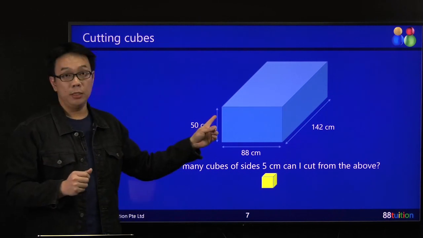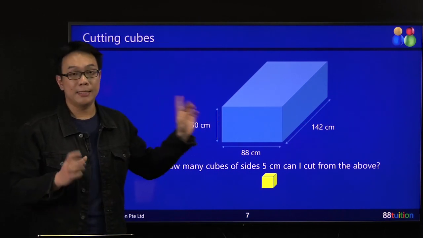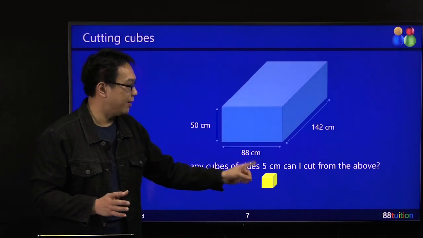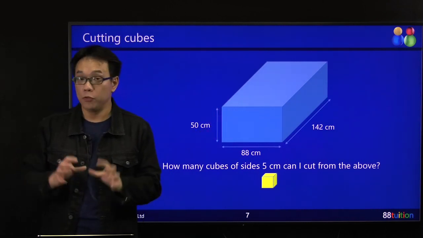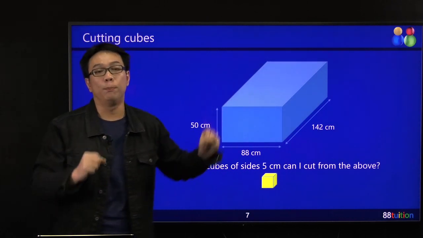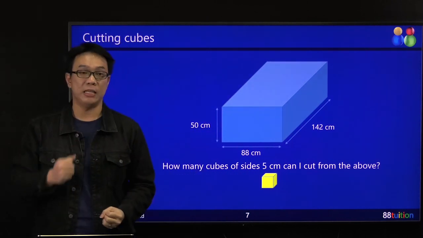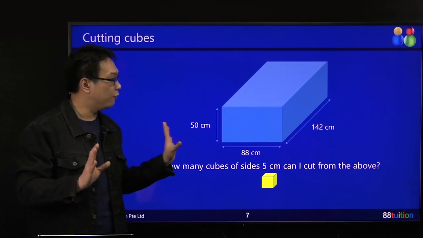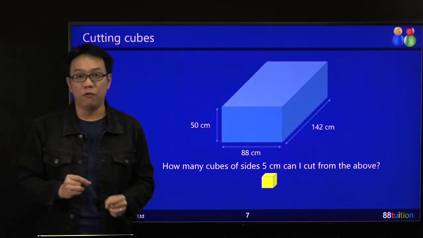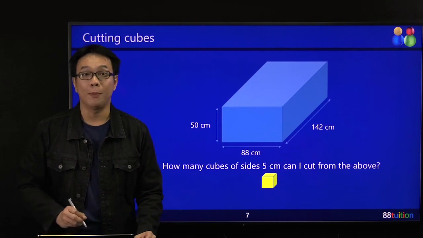But did they say they want to melt it? No. They just say, how many cubes of side 5 cm can I cut from the above? Not to melt this and pour into a mold of 5 cm by 5 cm by 5 cm. So don't find the volume of this whole thing and divide by the volume of the cube. So what must you do?